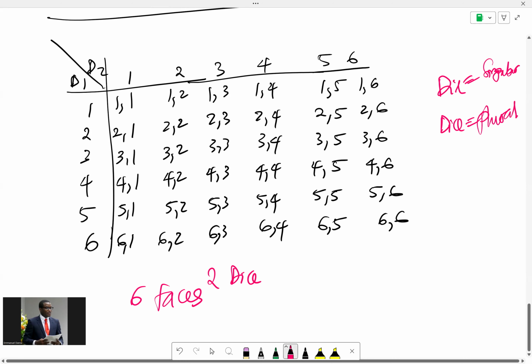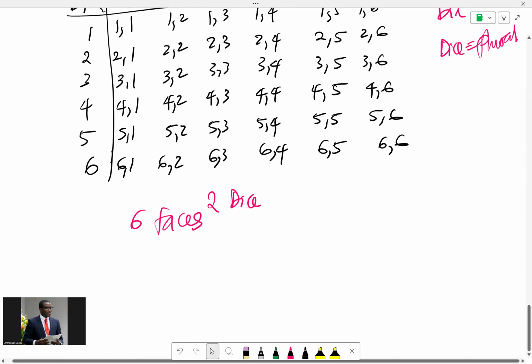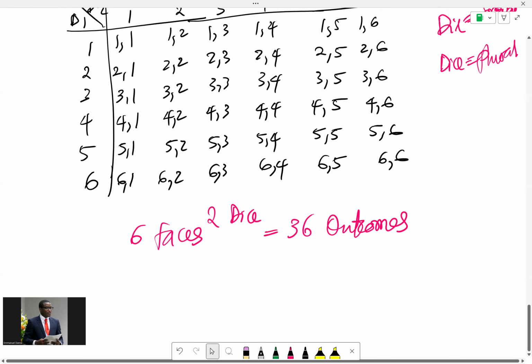That's why we are rolling 2 dice or rolling the die twice. So 6 faces raised to power 2 dice is simply 36 outcomes, and that is what we have under that table, 36 outcomes. You can do the counting one by one, but that's a lot more difficult, and I think this is fair.